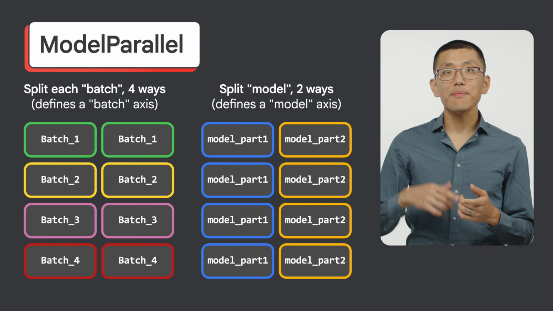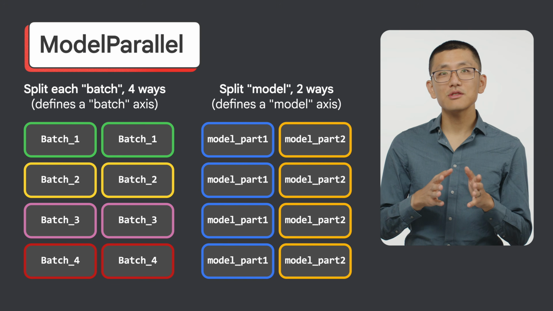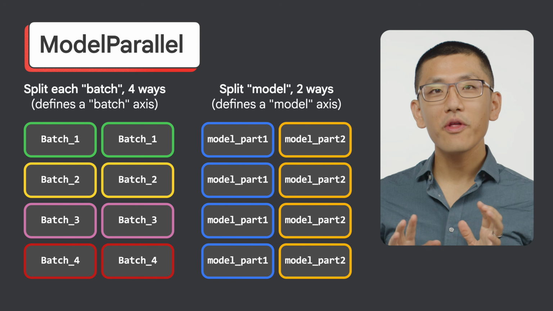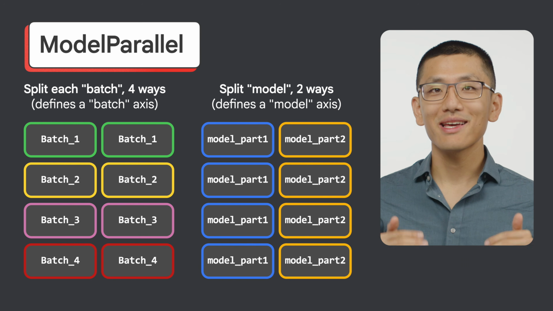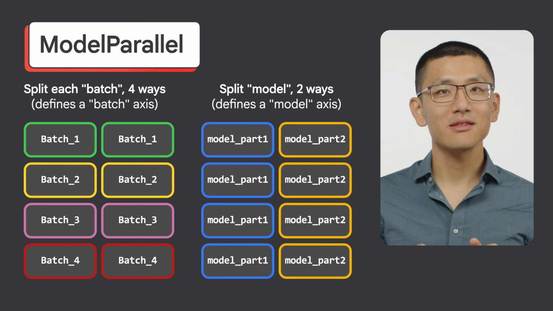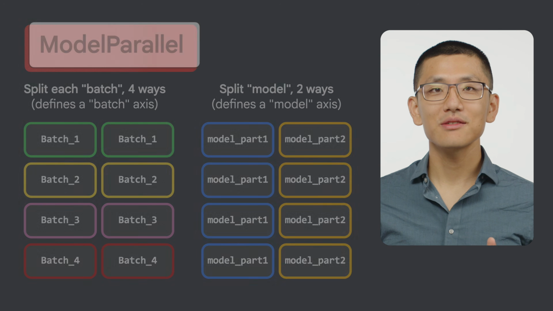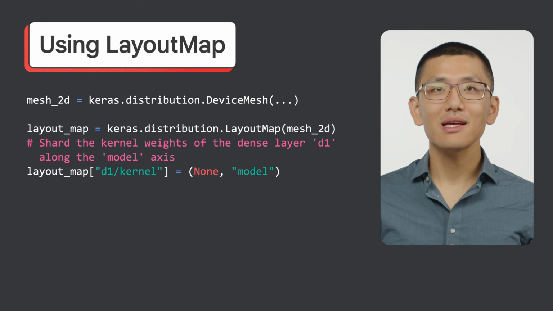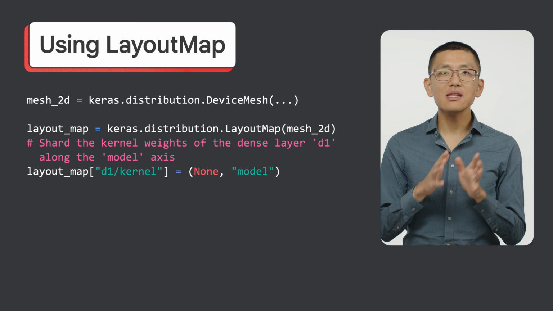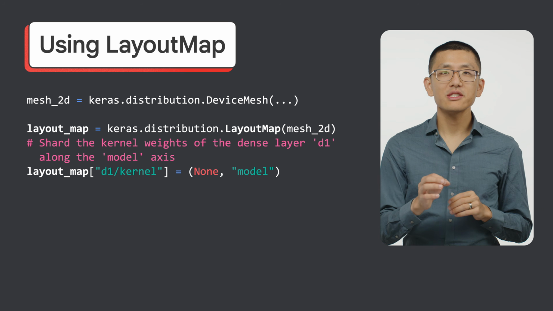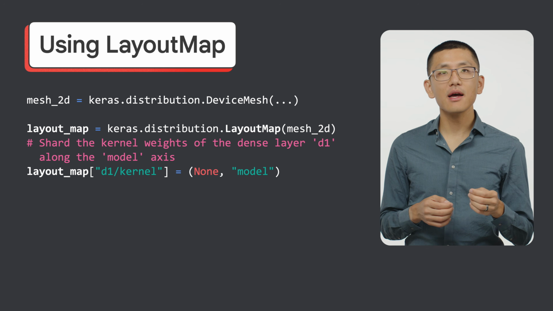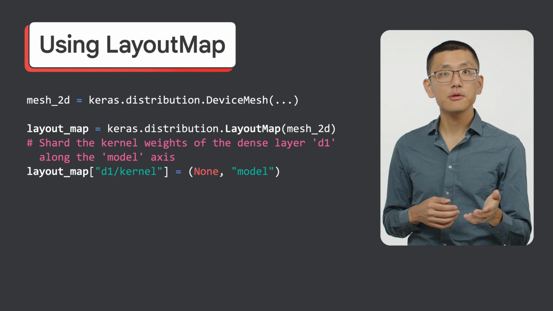Earlier, in DataParallel, it was easy for Keras to evenly split up your data across devices. With ModelParallel, we get to specify to Keras how the model should be split up, or sharded, across our accelerators. To do this, we use LayoutMap. LayoutMap is an object where string keys are treated as regex patterns to match variable paths, allowing you to specify the tensor layout for those variables.